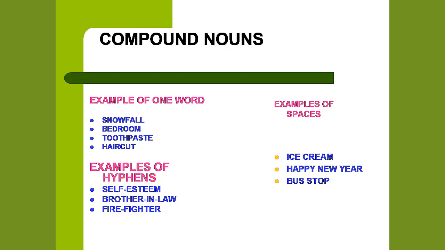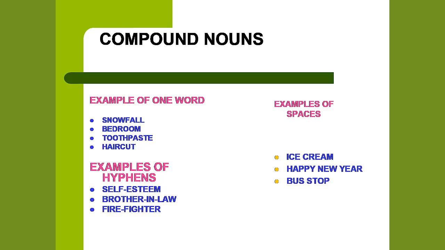These compound nouns are made by two different nouns and become a one word noun. Now examples of hyphens, like self-esteem, like brother-in-law, like firefighter. There is a hyphen between two nouns.